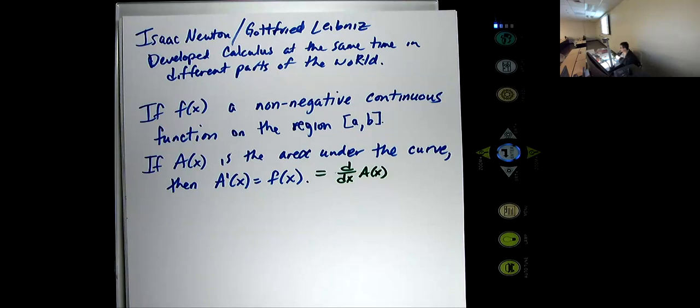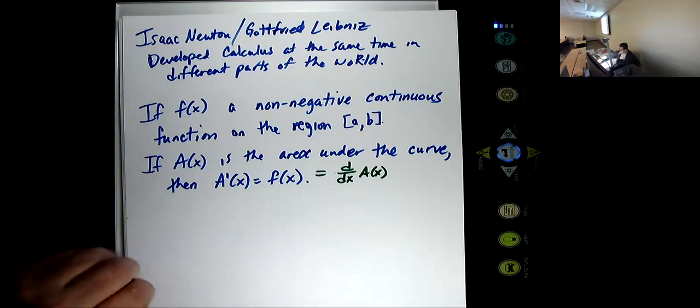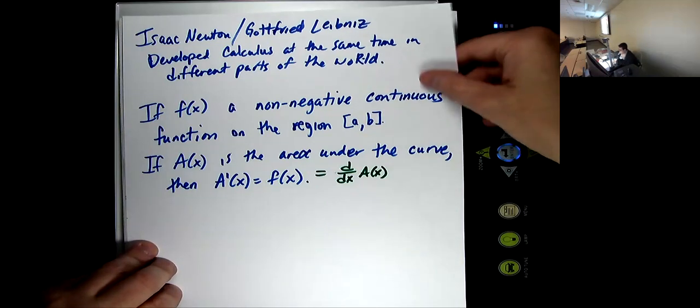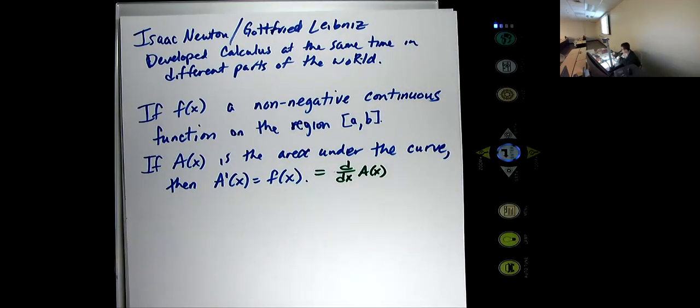Now we're gonna work one out where you can actually find the area function. We're gonna make a straight line and find the area function and find the derivative and see how it relates. This is called the antiderivative method.